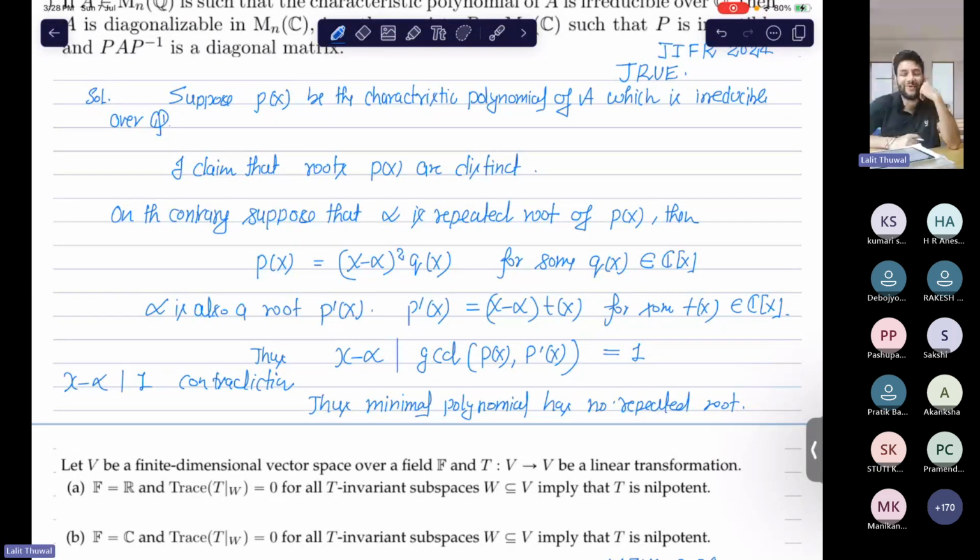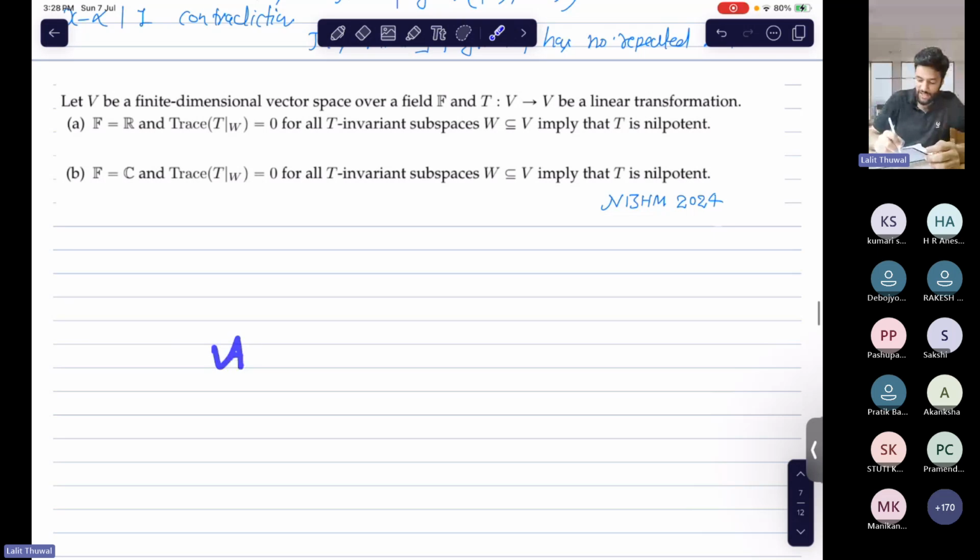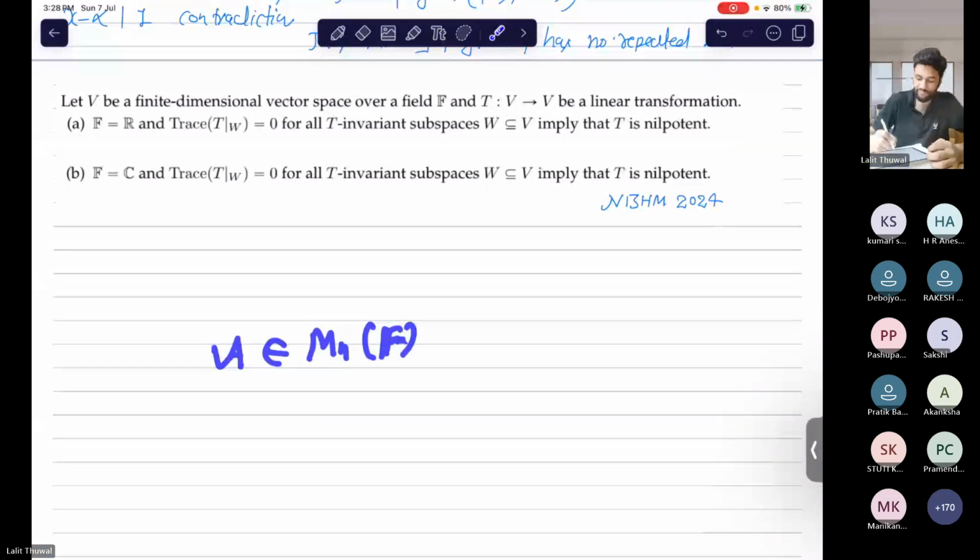There is a theorem you might have studied in the first lecture of your workshop. Let me state it clearly. Suppose A is a matrix in M_n(F).